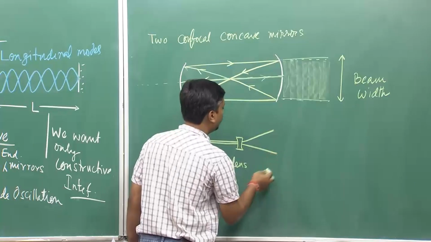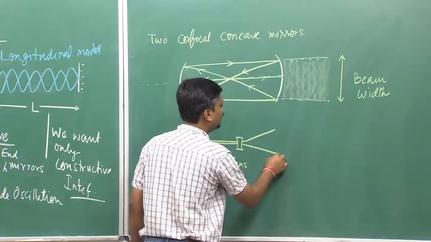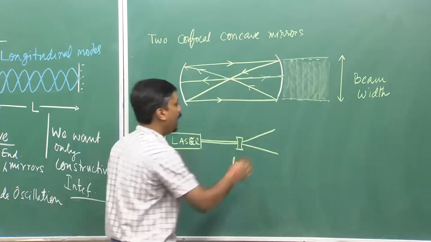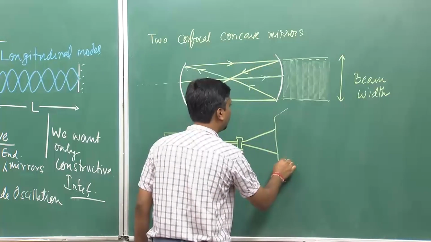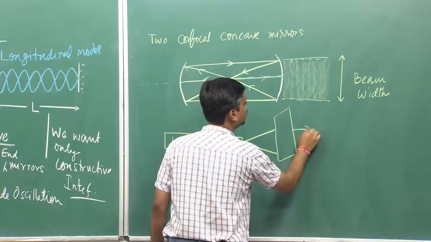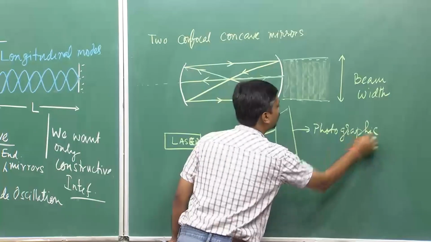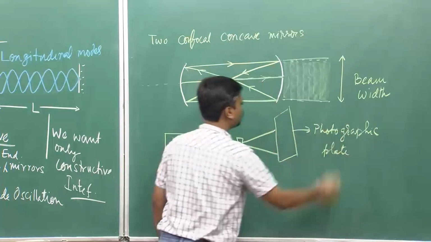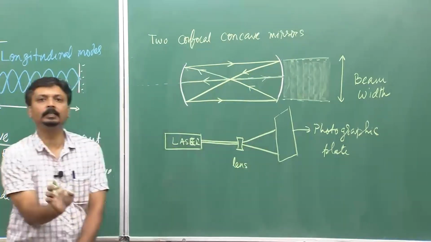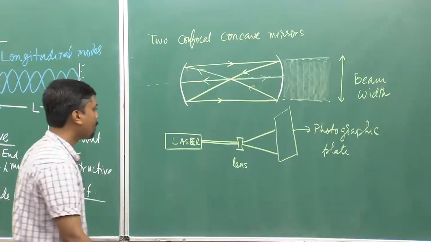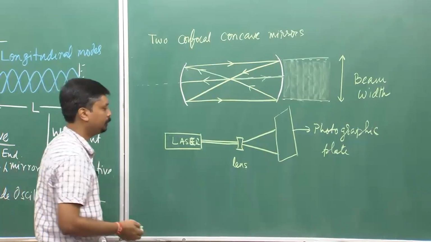So, essentially once it diverges, the beam diameter is very large at a distance, and if I put a photographic plate, so this is say my photographic plate, then I will see how the beam is physically distributed. Okay. So, what I can see? I can see some of this following stuffs.